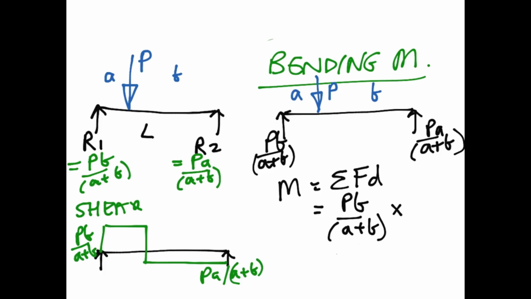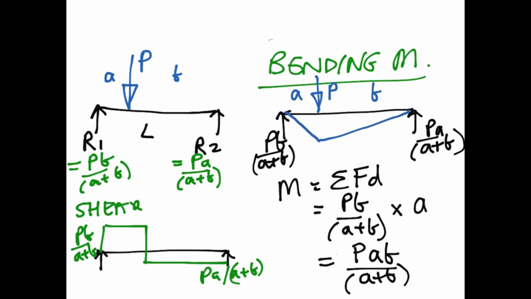So it is multiplied by A, which is equal to PAB over A plus B. So that is fairly straightforward, and if you were to check that at various points along the beam, you will find that you've got a bending moment something like this. Should have drawn that in green, but never mind. That is PAB over A plus B.